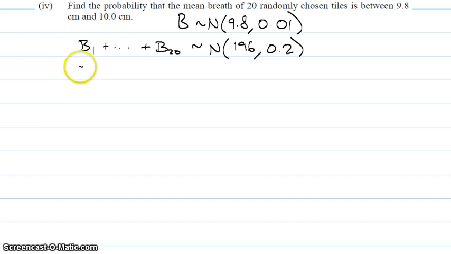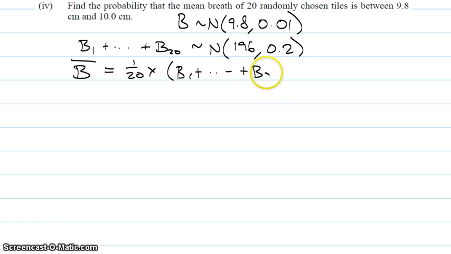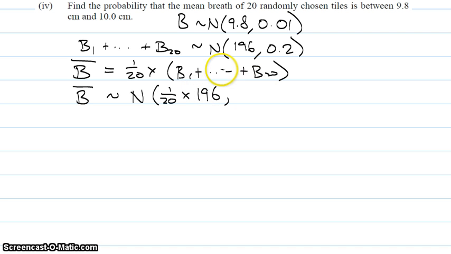So this is the mean and variance of the sum of 20 of them. So what is the average, b hat? That's just 1 over 20 times b1 plus up to b20. So the distribution for b hat is still a normal distribution. The mean is 1 over 20 times 196, and for the variance, you take the 0.2 but multiply it by 1 over 20, the whole thing squared.